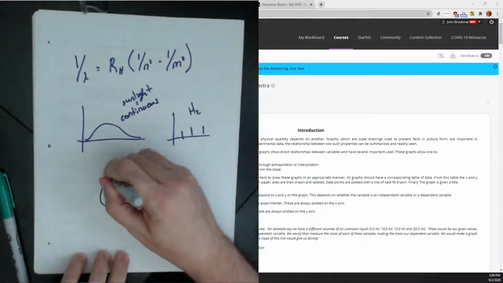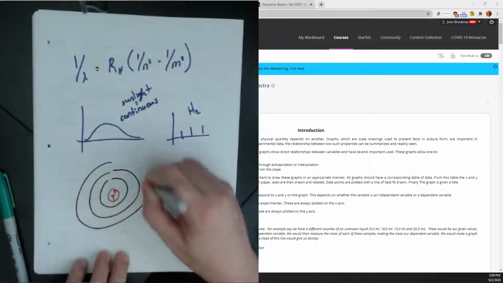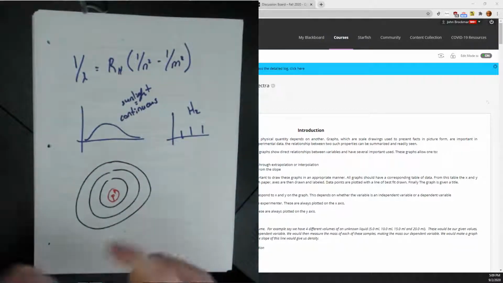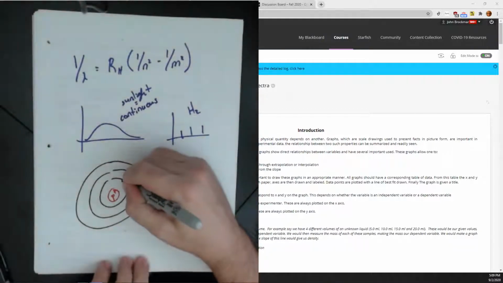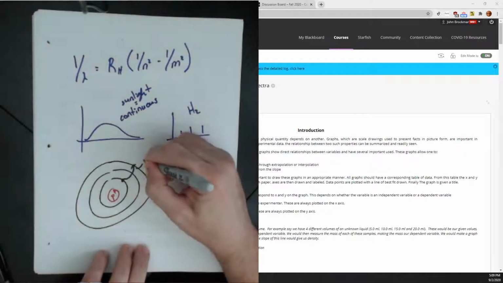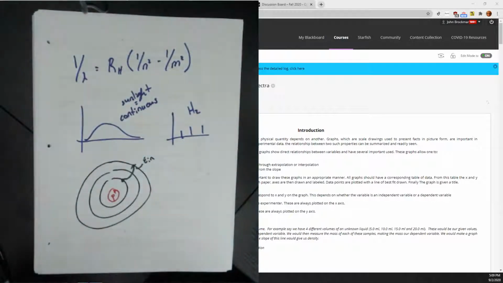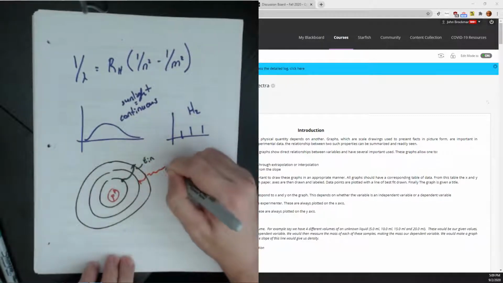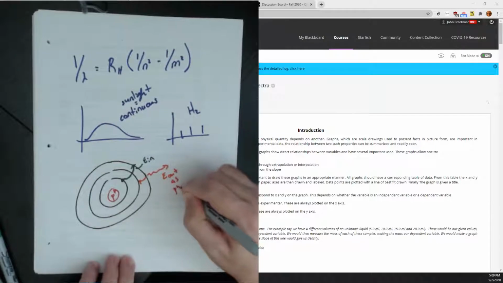So n equals 1, n equals 2, n equals 3. Okay, so when an electron gets energy in, it can hop up to a higher energy level. Okay, so that's energy in makes the electron jump up. And then when the electron falls back down, it will emit energy out as a photon of light.